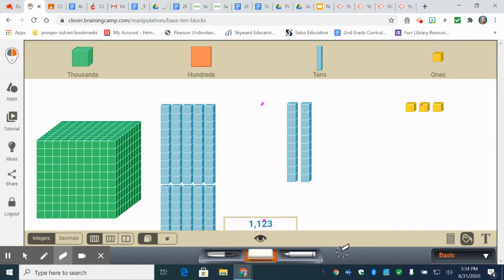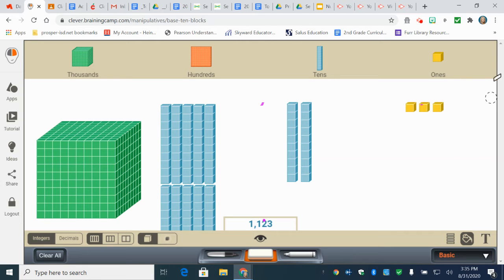Okay, let's try another number. Let me hide this so I can see what I'm doing here. Oh, I still have the eraser and I hid my tools. All right, you try one while I'm working on this. I want you to try the number 1,154.